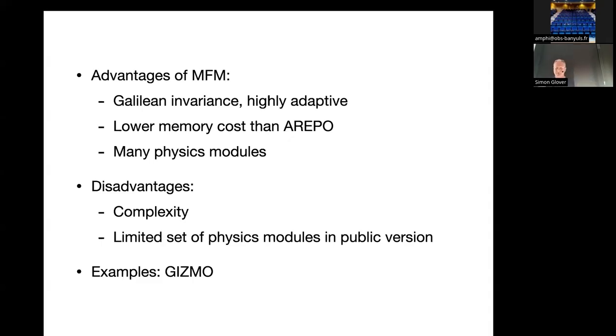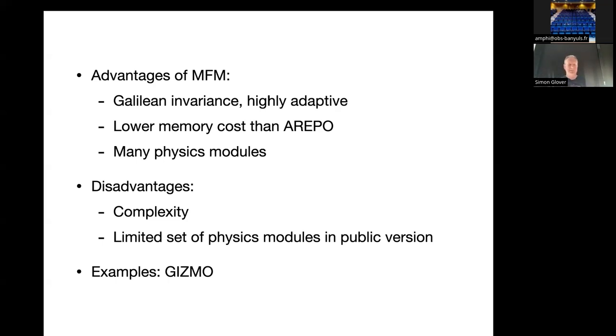It just has this weighting function and this idea of each point in space being associated to a particle, but it doesn't have to carry around lots of information about where the boundaries are between different mesh cells, because it doesn't have a mesh. And this can also make it go somewhat faster than Arepo. And GIZMO also has a lot of physics implemented for it, so projects like STARFORGE and FIRE use GIZMO.